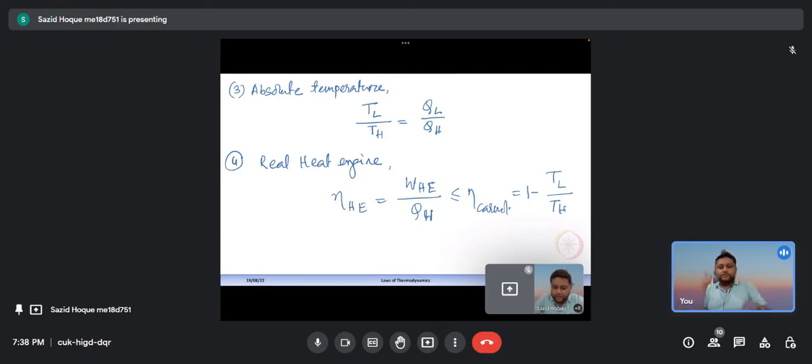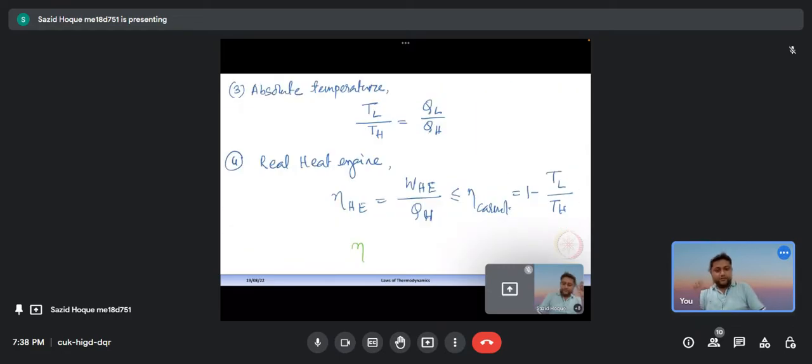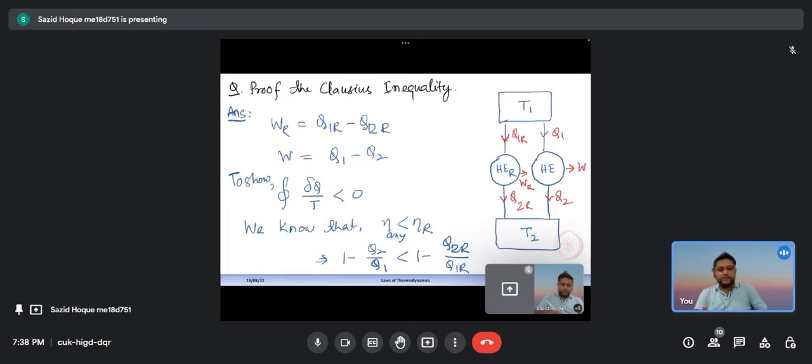Once we know that eta R, the Carnot efficiency or reversible heat engine efficiency, has to be greater than eta for a normal or any system, we can use this to prove the process inequality. To prove the process inequality, again we take a system with two reservoirs T1 and T2, with one reversible heat engine and one normal heat engine.